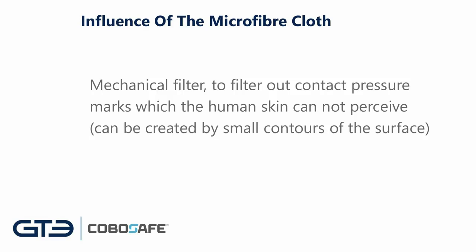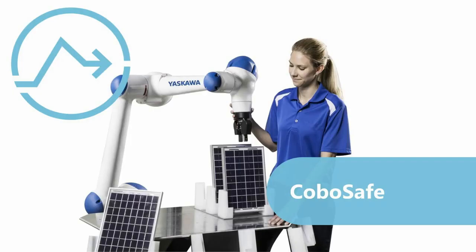So that was a very short theoretical overview. I would now like to give you a short insight how CoboSafe can support you in measuring power and force limited applications.